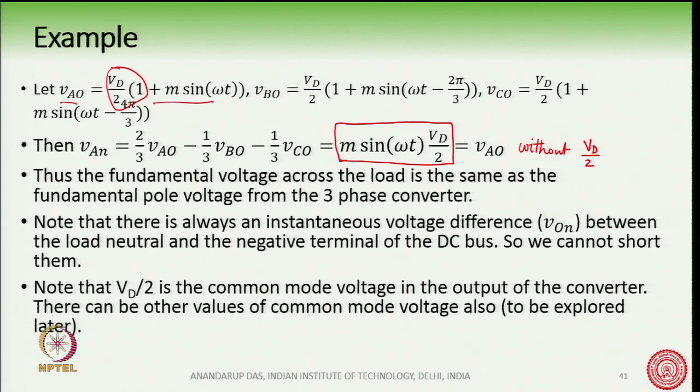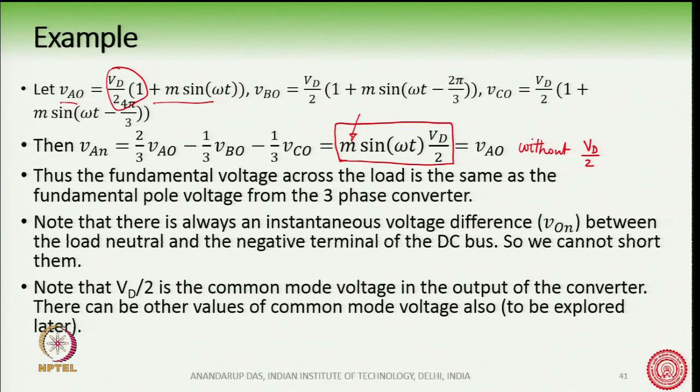Therefore, by changing the value of m, it is possible to change the output voltage. So, if m is equal to 0.5, then you get some voltage on the load, and if m is equal to 1, you get more voltage on the load. Okay.